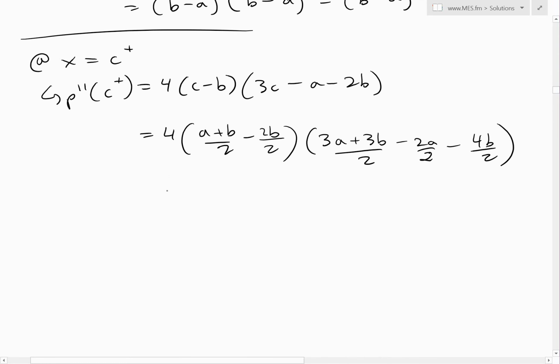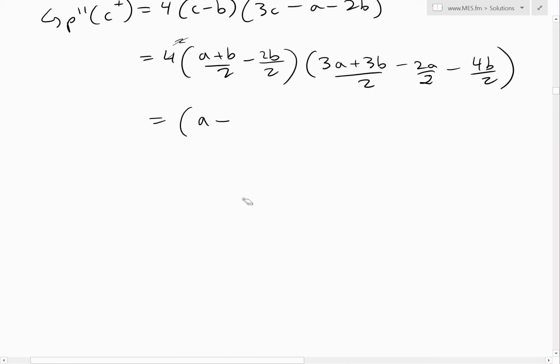So I just quickly, all these 2's cancel, so this 2 cancels with this, we'll be left with 2, this 2 cancels with all these, so what we'll be left with is 2b, so what we're going to be left with right here is a minus, right here, that's just going to be minus b, so a minus b, and then this part right here, 3a minus 2a, that's just going to be a, 3b minus 4b, that's just going to be negative b, so a minus b, this is just going to be (a minus b) squared.